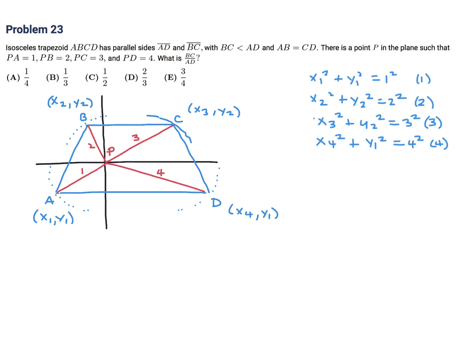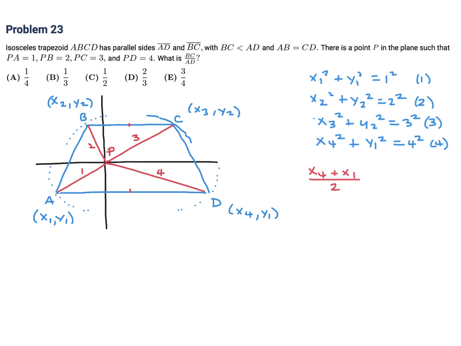All right, now one more thing is that since this is an isosceles trapezoid, if we were to take the midpoints of BC and AD, they would be the same. So if this is approximately the midpoint right here, and we took the midpoint of AD, they would essentially have the same x-coordinate. So midpoint formula, you can easily do x4 plus x1 divided by 2.